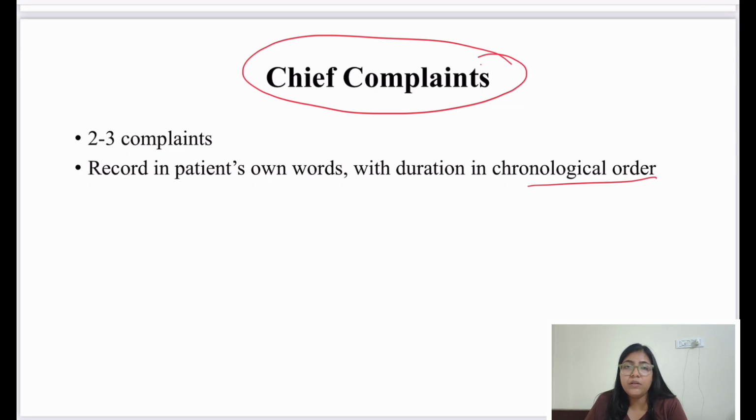So what will you pick? You will pick heavy menstrual bleeding or irregular menstrual bleeding and pain during menstruation. And you record the chief complaints in the patient's own words, like pain during menstruation, heavy menstrual bleeding, irregular bleeding, discharge PV, or inability to conceive.